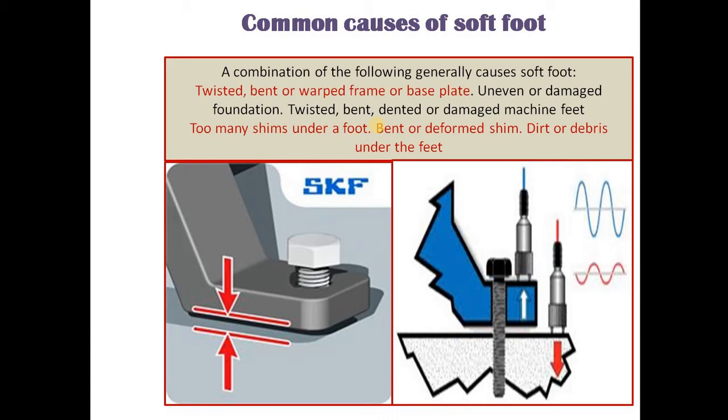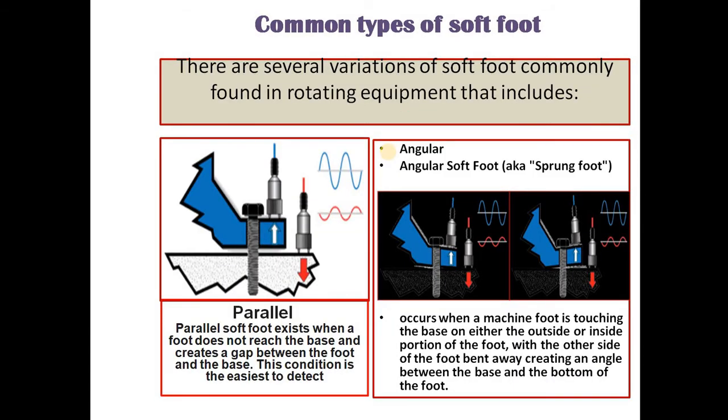Soft footing can be of several types. One is parallel soft footing. That means the gap between the foundation plate and the foot is the same. If you tighten the foundation bolt, then this particular portion of the leg will be under stress, and if you allow the driven machine to start, this leg can crack anytime.